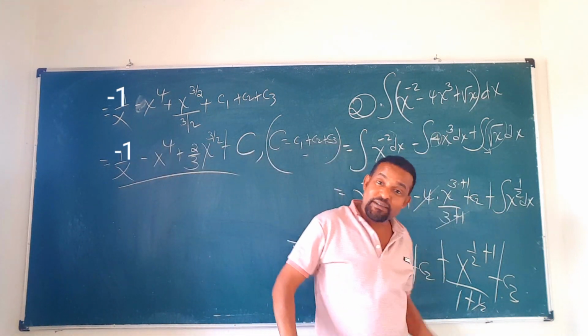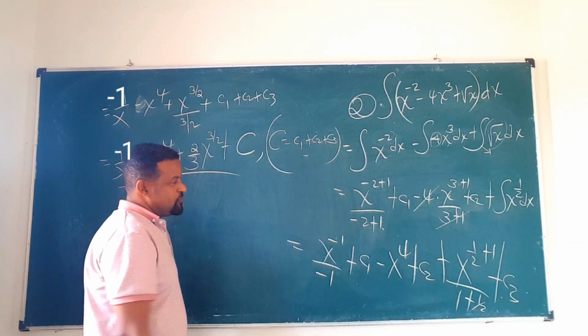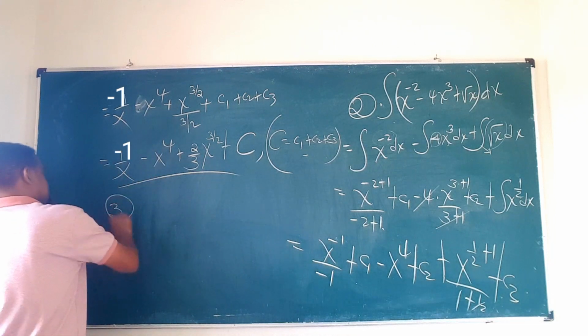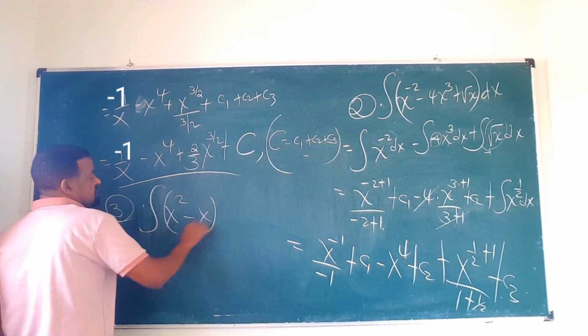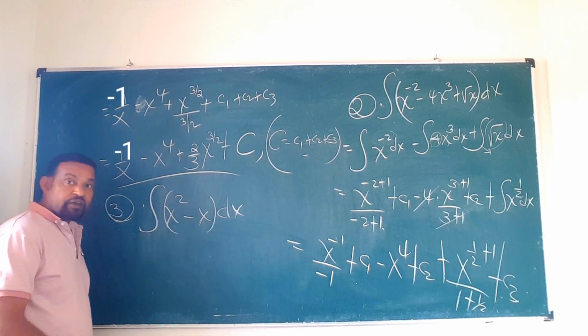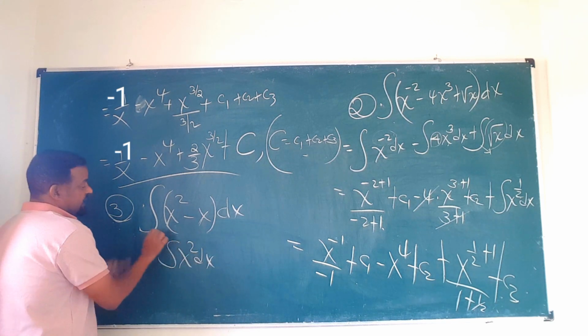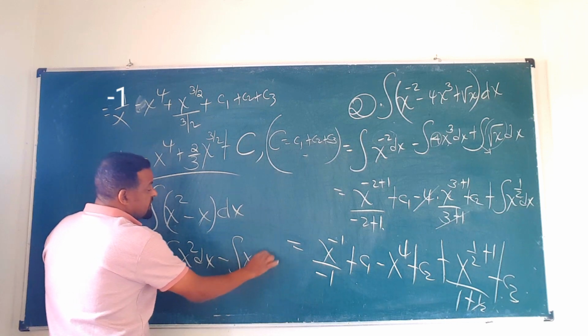So slowly, on paper, I am just giving you the hint, you work through it slowly on paper. The next example, of course, the third one, is the integral of x squared minus x dx. Okay? So this is the integral of x squared dx, we distribute the integral, minus the integral of x dx.